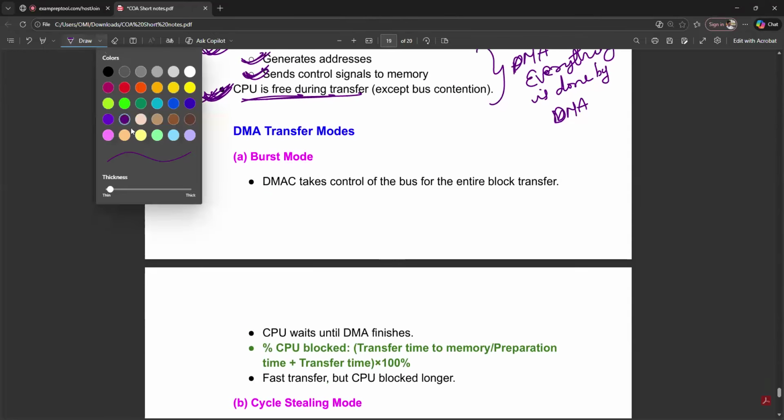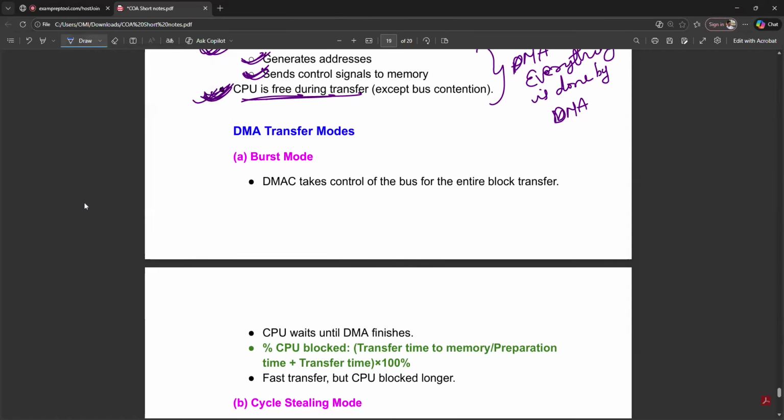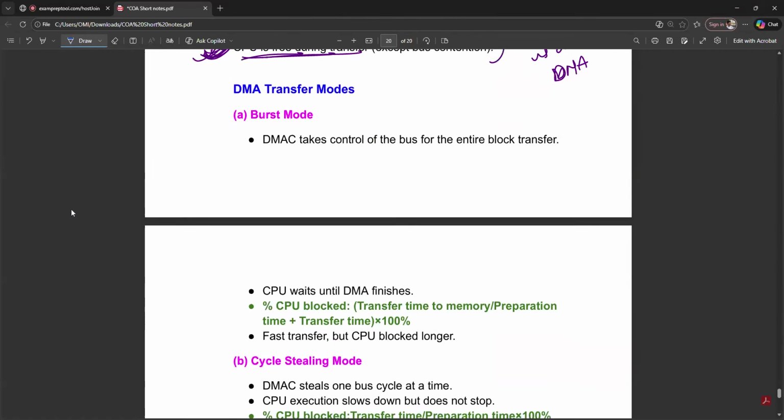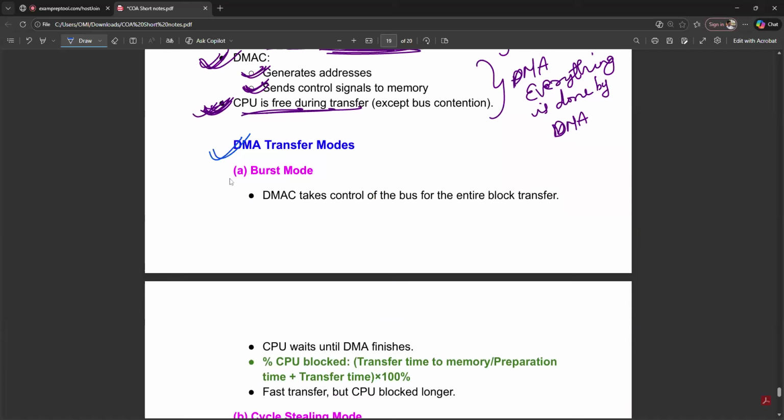Okay, so now there are three different types of DMA transfer modes. The first one is burst mode. The DMA controller takes control of the bus for the entire block transfer.